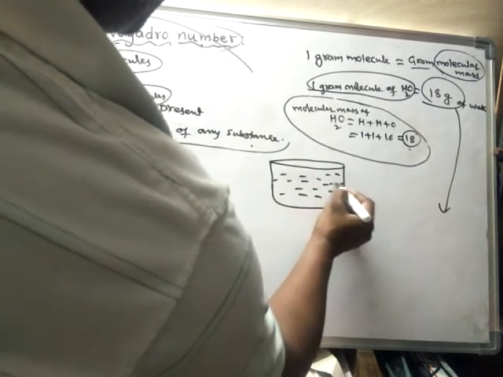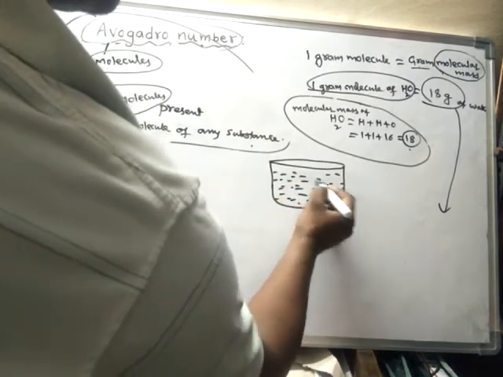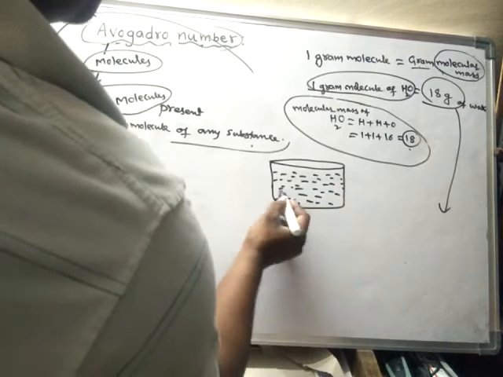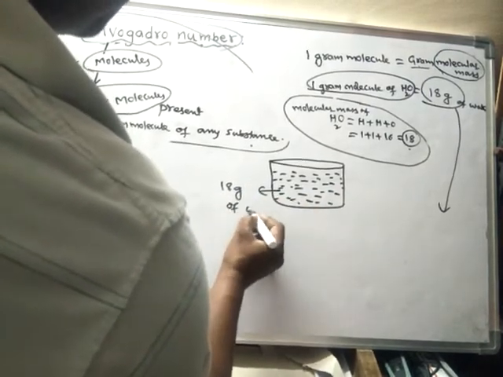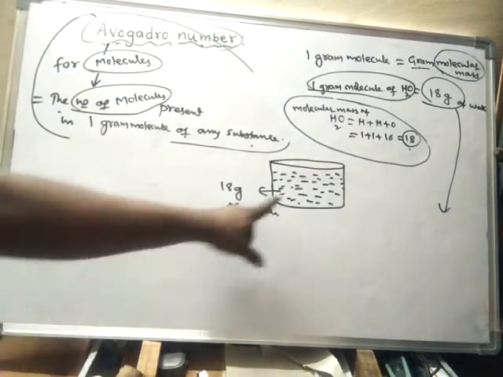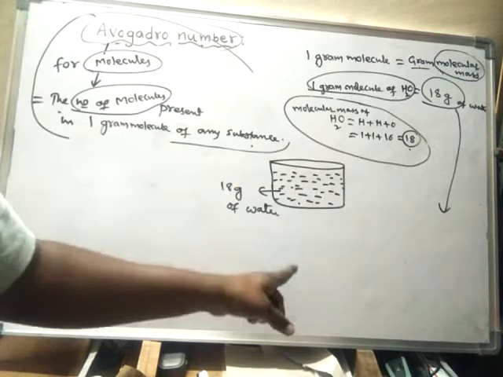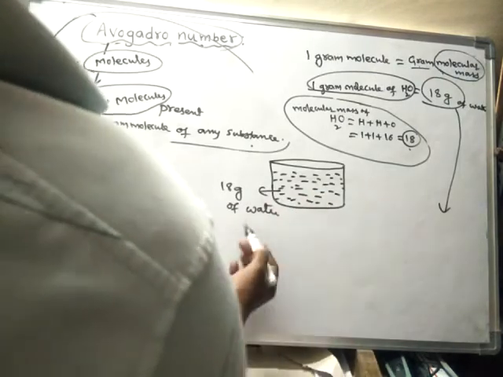How much? 18 grams. If I weigh the water here, it is 18 grams. This 18 grams of water is made up of several lakhs of water molecules. So the question is, how many water molecules are there in 18 grams of water?